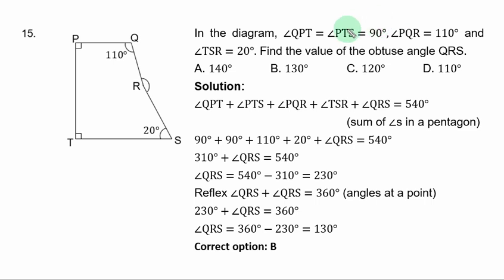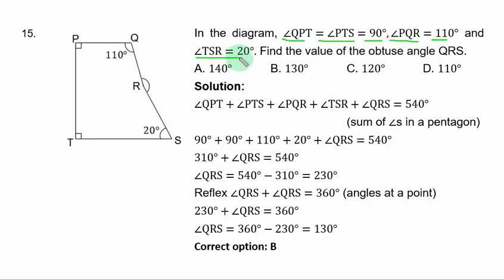Question 15. In the diagram, angle QPT is equal to angle PTS equal to 90 degrees. Angle PQR is equal to 110 degrees, and angle TSR equal to 20 degrees.